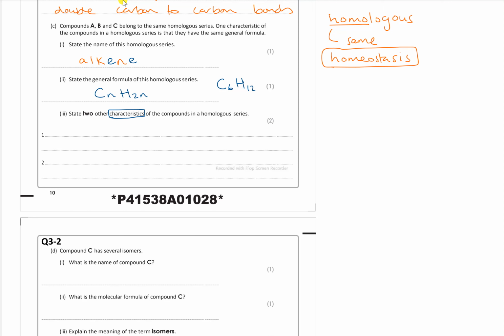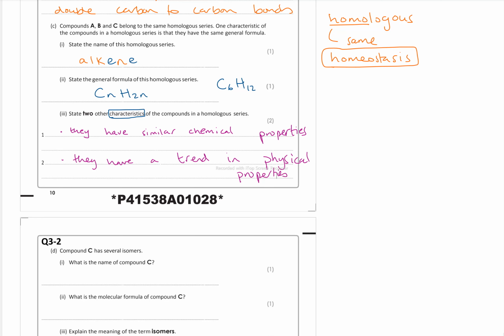Right, state 2 other characteristics of compounds in the homologous series. Remember what I said? They have similar chemical properties. I also say they have a trend in physical properties.